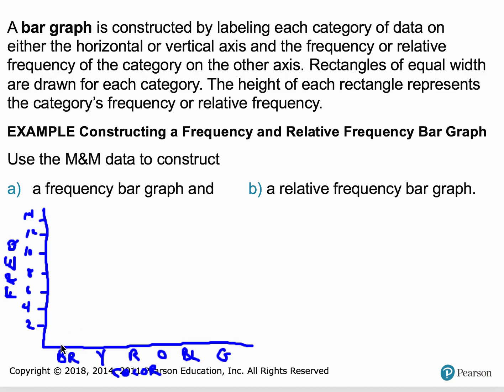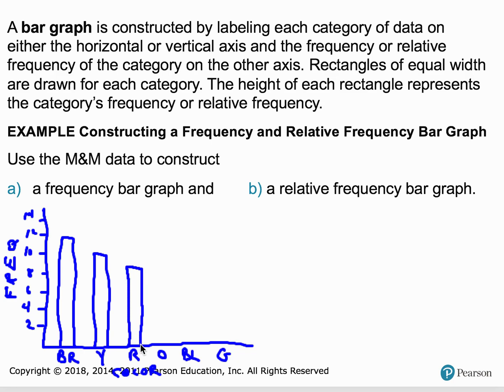And I'm going to draw a rectangular bar. The first one needs to go up to 12. Okay, now I'm doing this freehand. Normally we would use a ruler and be a little more precise, right? Yellow needs to go up to 10. Red to 9. Orange to 6.